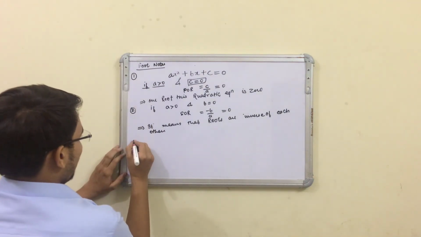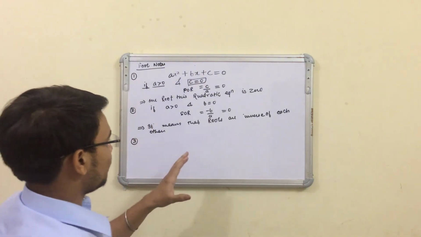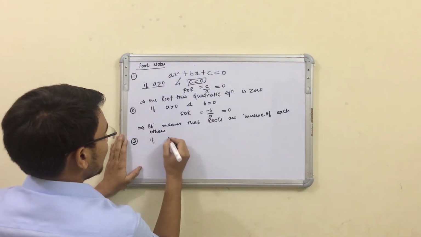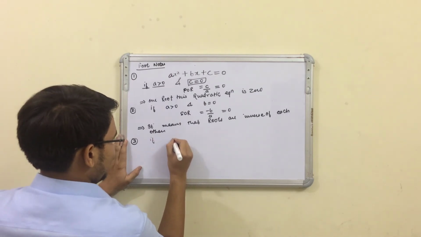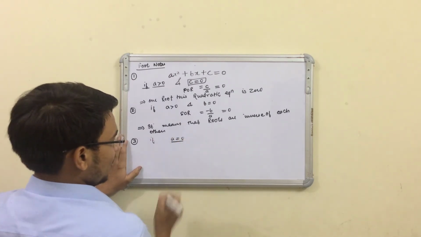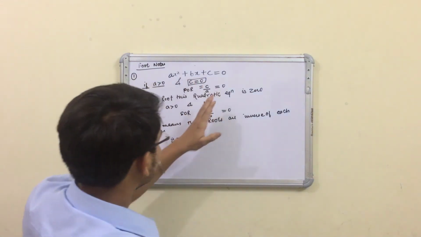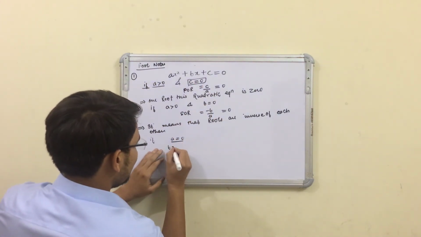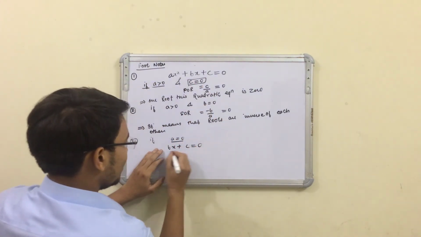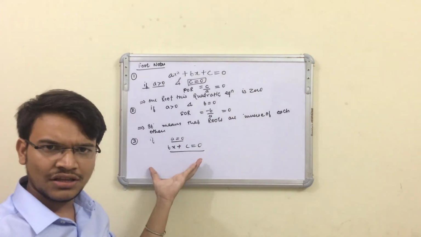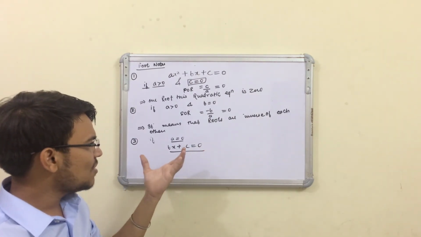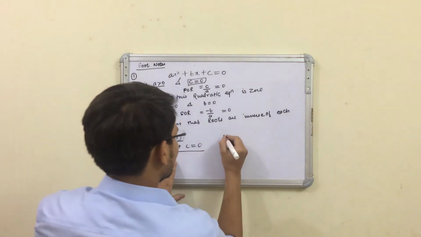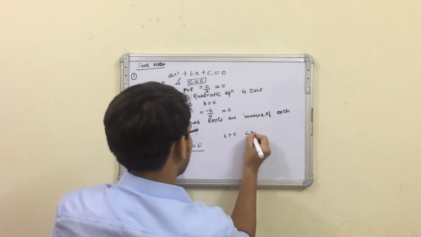Okay. Now the third point is, if the leading coefficient a is equal to 0, then what happens? If a is equal to 0, this equation becomes bx plus c is equal to 0. This is the linear equation, in which I have considered b greater than 0, c greater than 0.